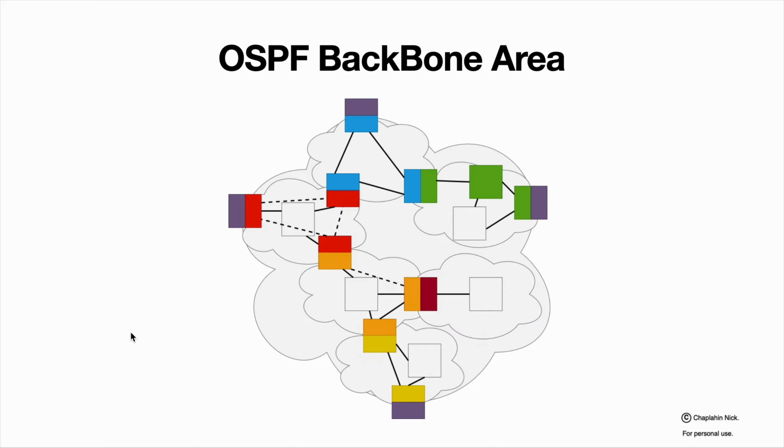Backbone area. Backbone area consists of area border routers and autonomous system boundary routers and links between them, physical or virtual links. All backbone area devices, or backbone area routers, are supposed to be connected to each other within the autonomous system and within the area.